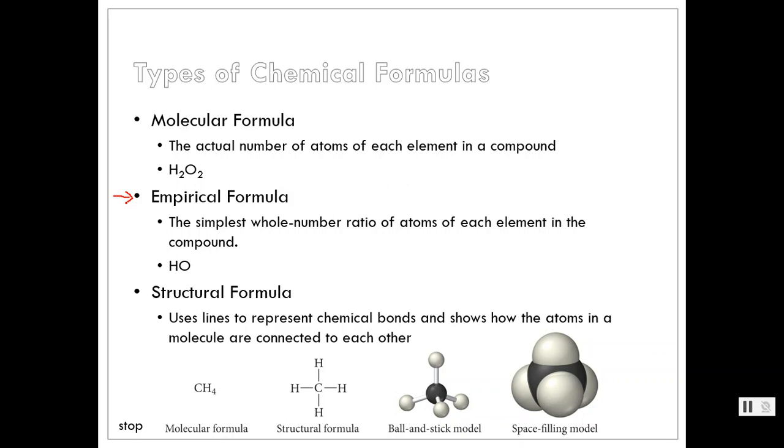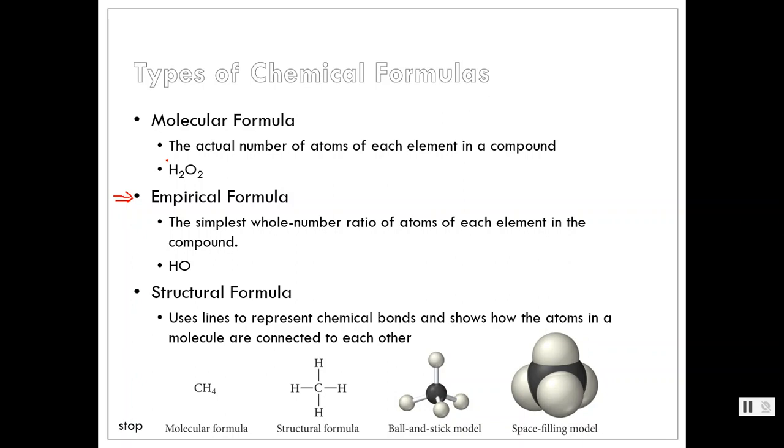Many times they will do experiments to first find the empirical formula, which is the simplest whole number ratio of atoms of each element in a compound. And then once you find the empirical formula, you can do other experiments to determine the molecular formula. Later on in the course, you're not going to be doing the experiments, but you're going to be doing problems where you have to determine a substance's empirical formula and then the molecular formula.